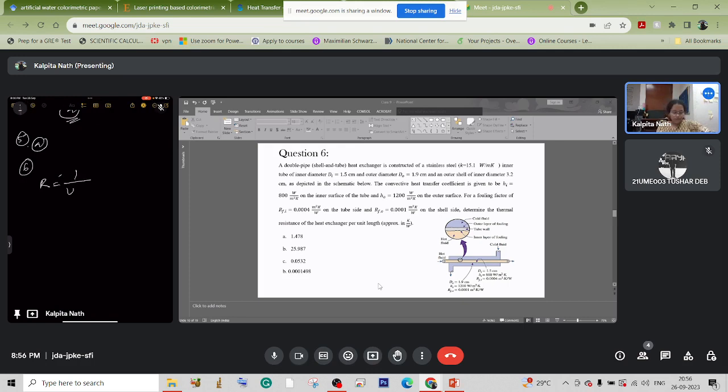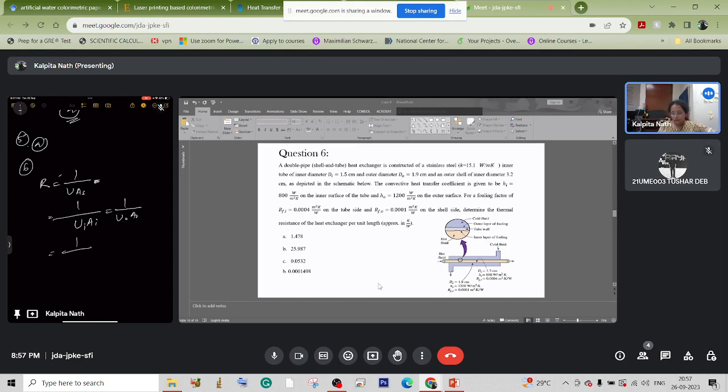This is the inverse of the overall heat transfer coefficient, 1 upon UiAi, which equals 1 upon U naught A naught.